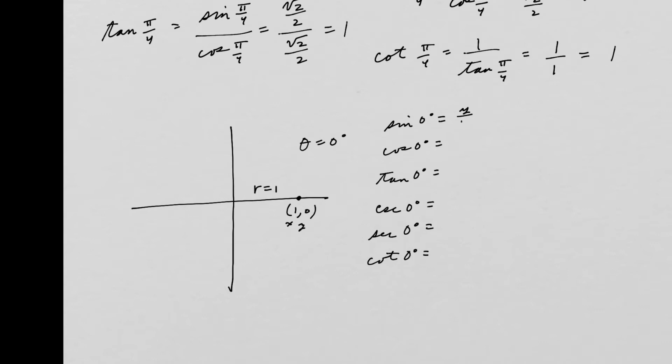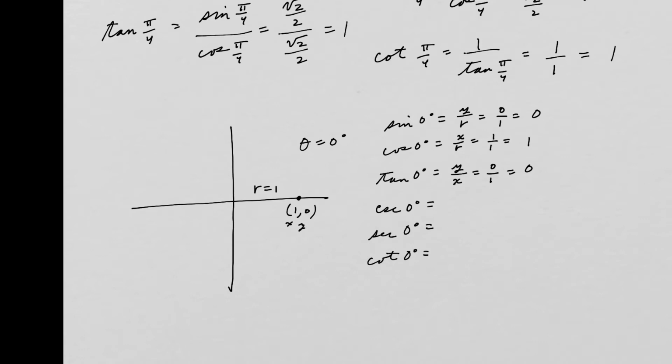Sine is always y over r. So in this case, the y is 0, the r is 1, this is equal to 0. So sine of 0 degrees is 0, right? We know that from before. Cosine of 0 is x over r. So this would be 1 over 1, which is 1. So cosine of 0 is 1. Tan of 0 is y over x. So this is going to be 0 over 1, which is 0.